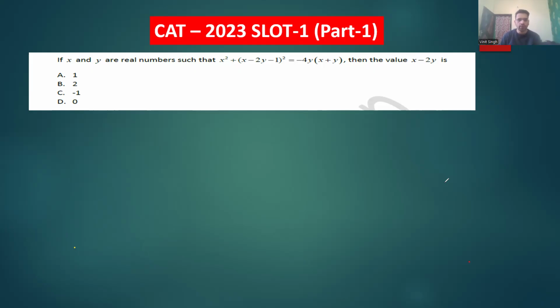Now question number 1 is: if x and y are real numbers such that x square plus (x minus 2y minus 1) whole square is equal to minus 4y(x plus y), then we have to find the value of x minus 2y. First of all, we will write the equation.